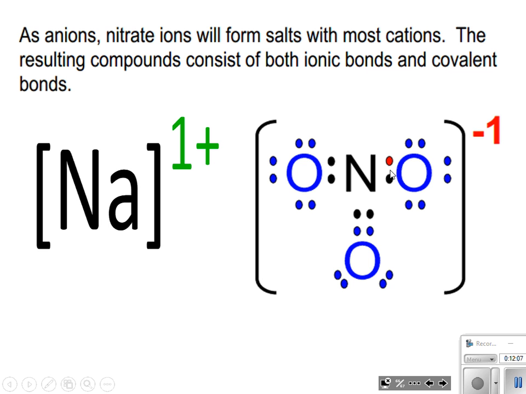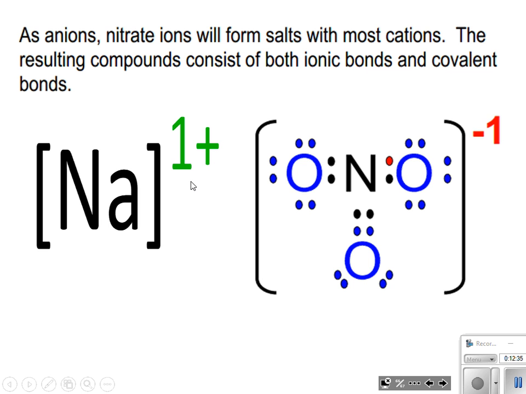Absolutely. So now, we just said that this molecule is covalently bonded, right? So the polyatomic ion is covalently bonded, and then it is also ionically bonding. So when you see on a WebAssign, they're going to give you questions, and it's going to say what type of bonding is involved here.